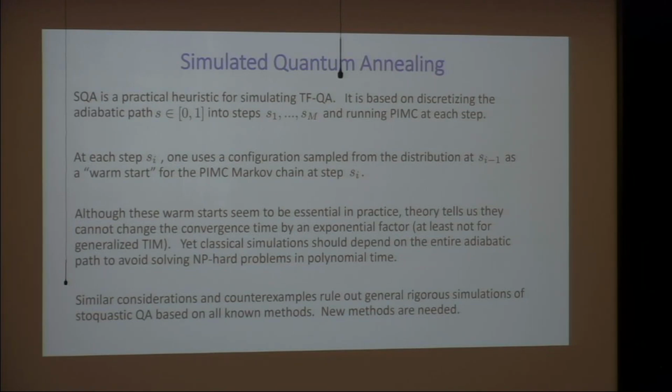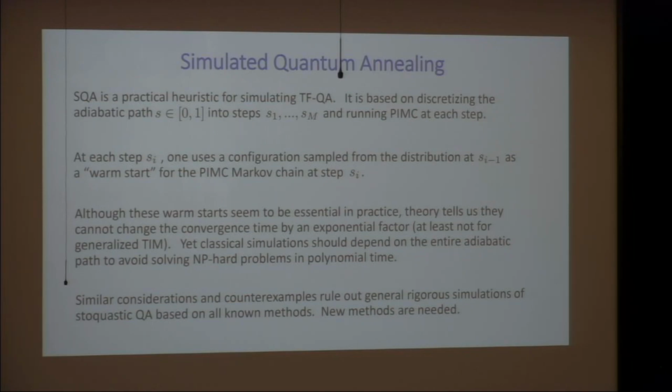Although these warm starts seem to be essential in practice, if you talk to the people who are successful at simulating these results, it's a bit of a puzzling situation with regard to the theory, because theory tells us that the warm starts in this context won't change the convergence by an exponential factor. That is not for generalized transverse Ising models.